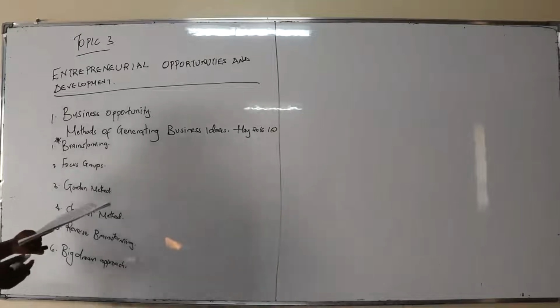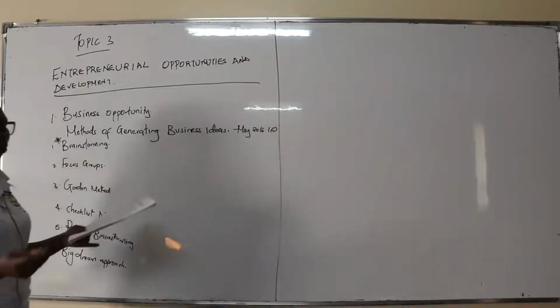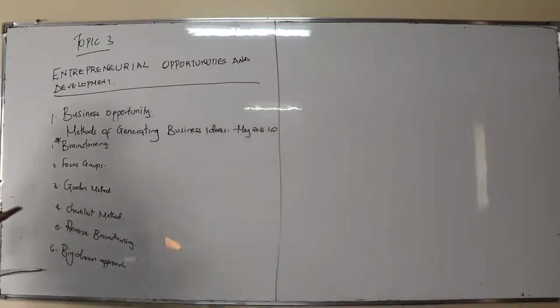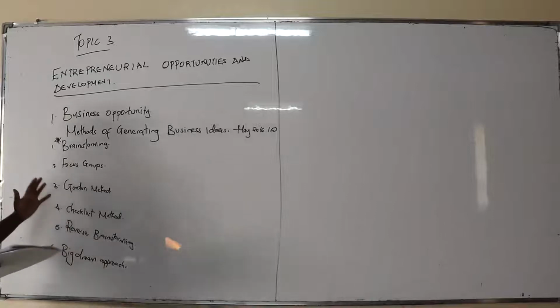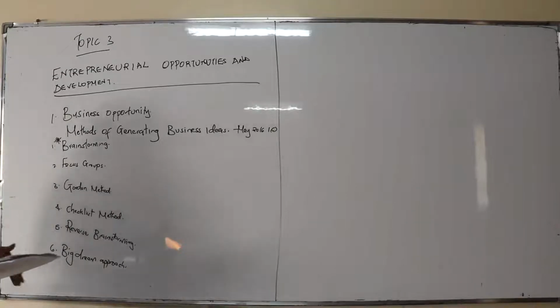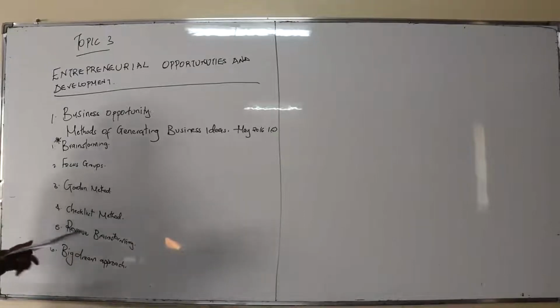The focus group is more of the same as brainstorming, but here you have a structured number of people, let's say between 10 to 20, who come together to generate ideas. From the ideas they've generated, you can pick the one most suitable to the opportunity or idea you have in mind.